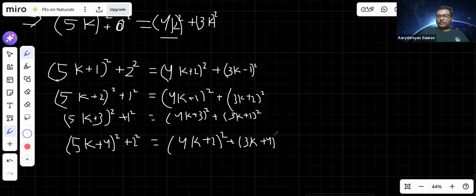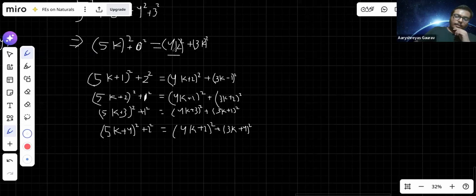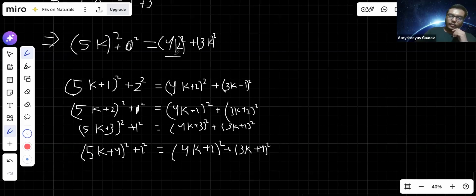So this is another way in which we can use induction in a really cool way. We are literally inducting on a bigger step, a step of 5. In this induction I know 4k and 3k to find 5k. I definitely know 4k plus 2 and 3k minus 1 to get 5k plus 1, and so on, to get all of 5k, 5k plus 1, 5k plus 2, 5k plus 3, 5k plus 4.